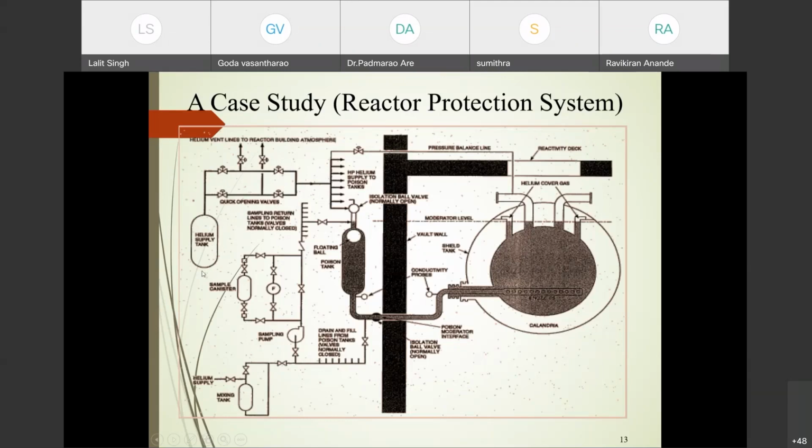And the helium supply tank contains helium, which is a gas, and basically it pressurizes. So whenever there is a demand to inject the poison into the calandria, these valves will be opened and it can pressurize this floating ball so that the poison can be injected into the calandria to terminate the fission reaction, to eat all the neutrons.